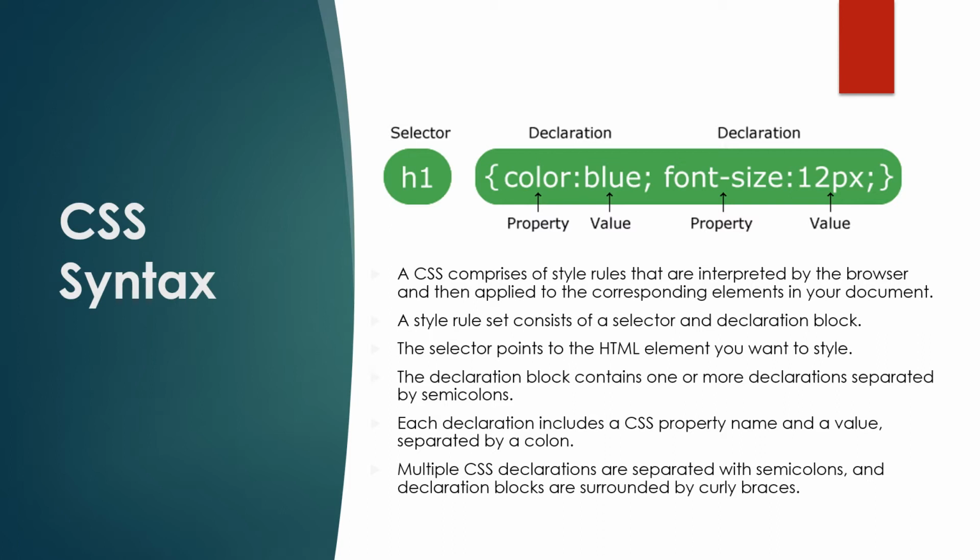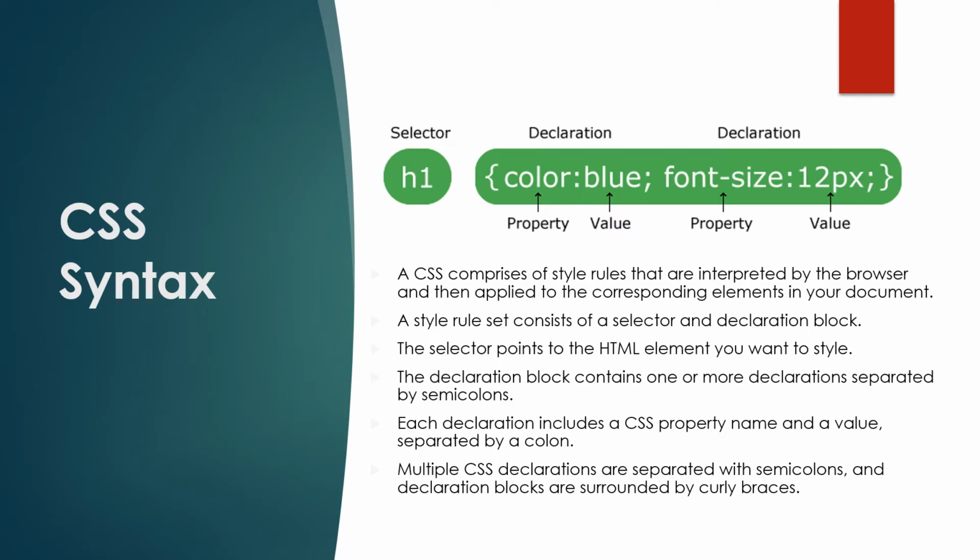Each declaration includes a CSS property name and a value separated by a colon. Here I am using two declarations which are separated with a semicolon. In the first declaration, I am using the CSS property name color and its value is set to blue.